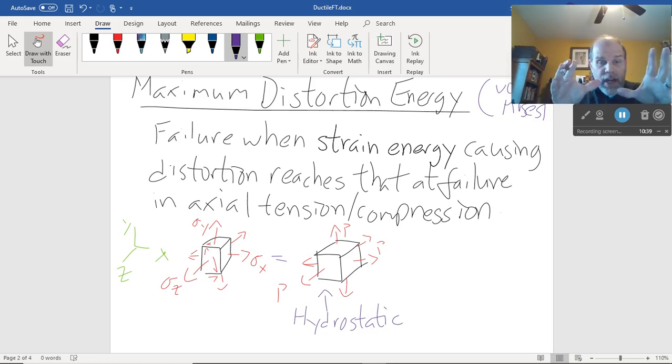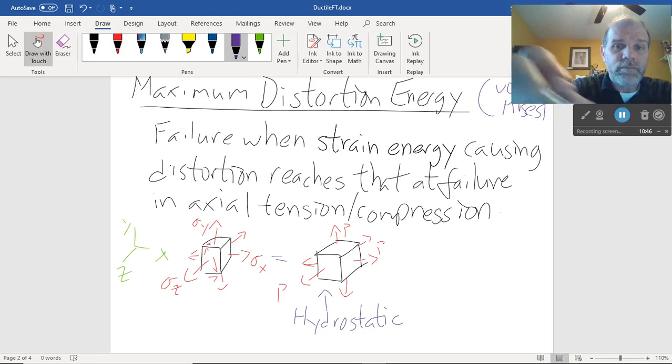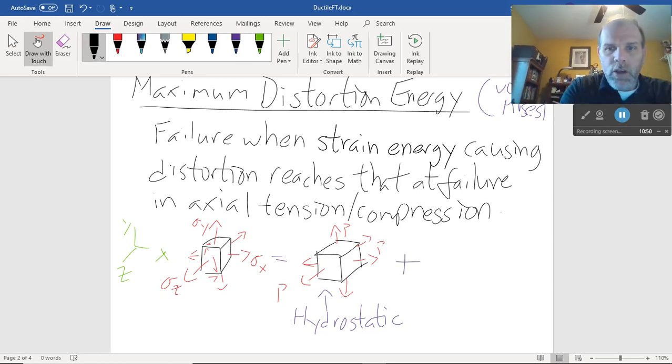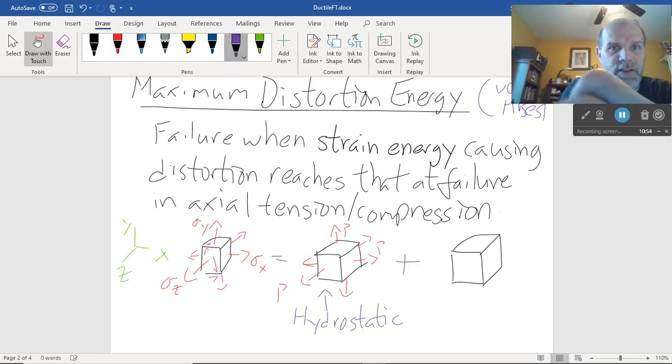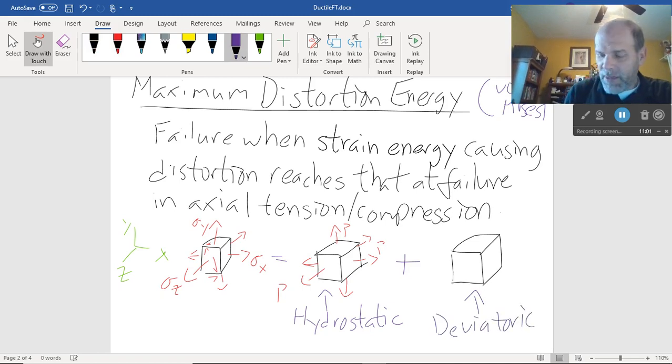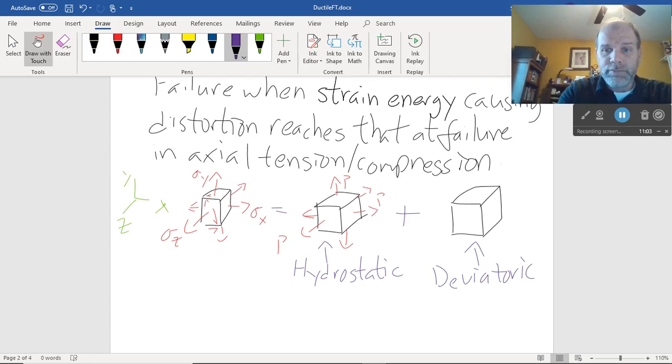So I can take this stress state, no matter what it is, and say part of it is if I apply the same pressure to all three directions. And then we're going to add in, I'll put a cube here, but I'm not going to draw any stresses on it. This is something called a deviatoric part. That's everything but the pressure.